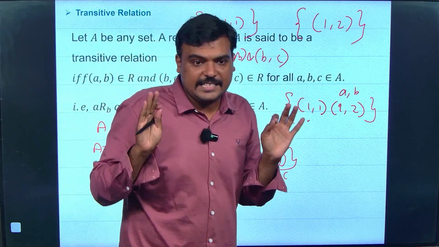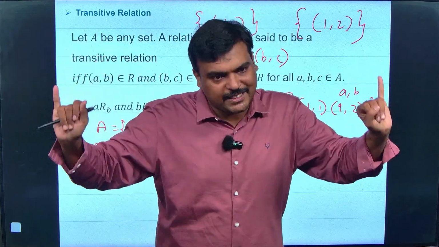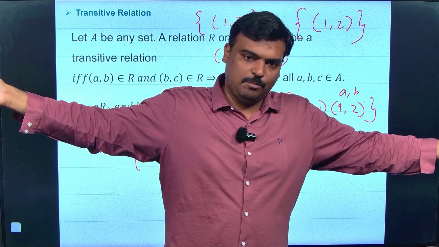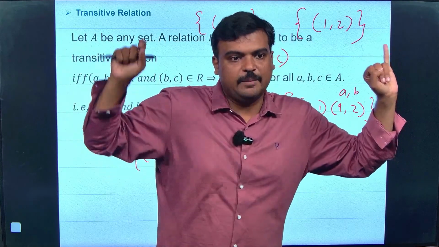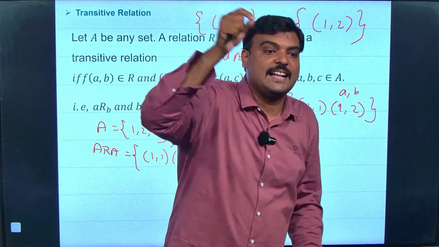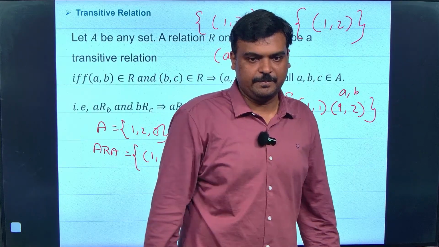Transitive will fail when A comma B and B comma C come and A comma C doesn't come. Otherwise, it remains transitive. Clear?